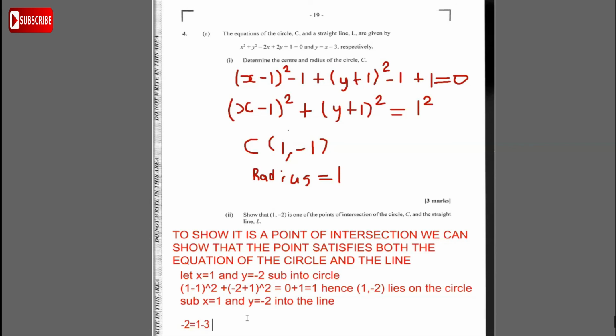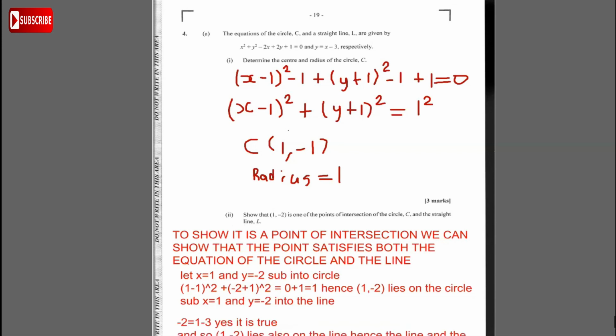That is correct. Yes, it is true. And so we can see that (1, -2) lies also on the line. Hence, the line and the circle intersect at this point.